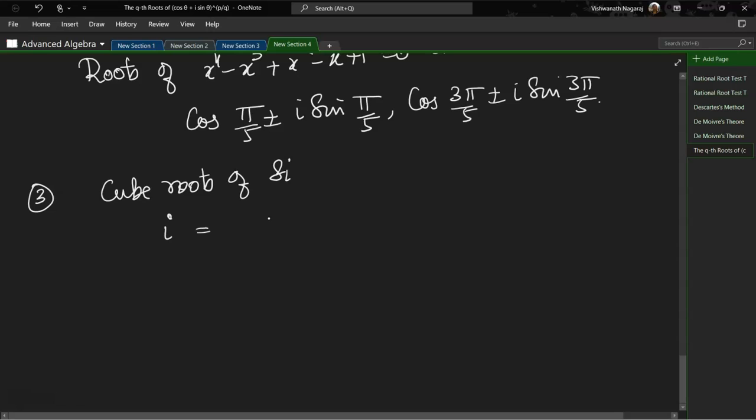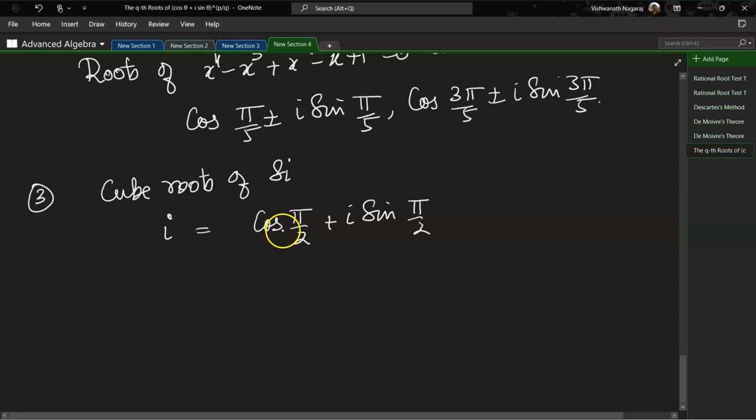So for what value of theta is cos theta 0? It is cos pi by 2 is 0 plus I sin pi by 2. Check whether sin pi by 2 is 1. Yes, it is 1. So we have I.